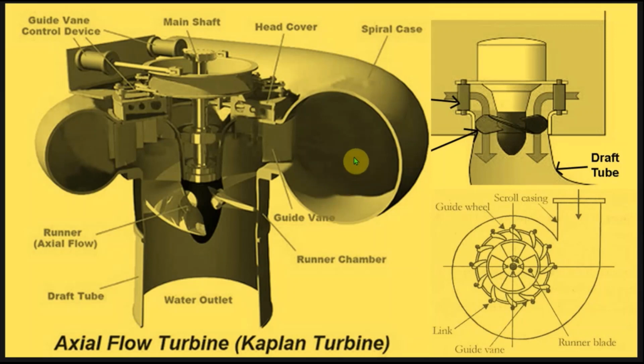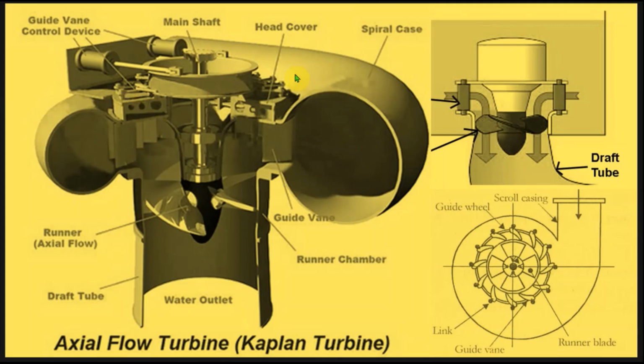Just like in the case of Francis turbine, the water flows through the spiral casing, enters circumferentially, and then it turns to the axial direction while flowing through the guide vanes. So actually the guide vanes will turn the flow into the axial direction.